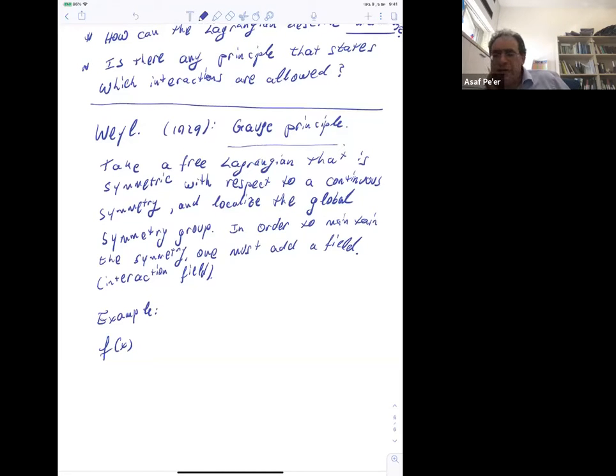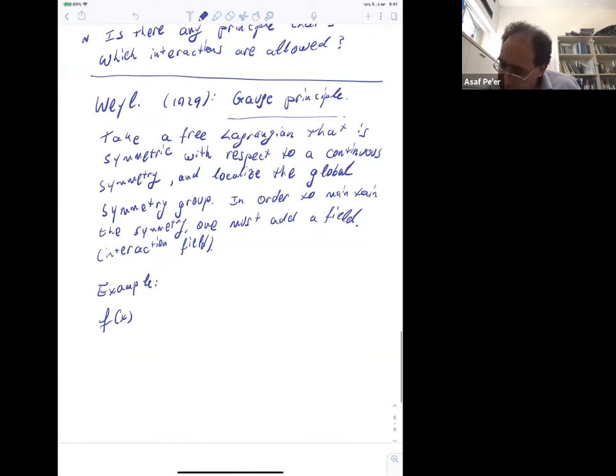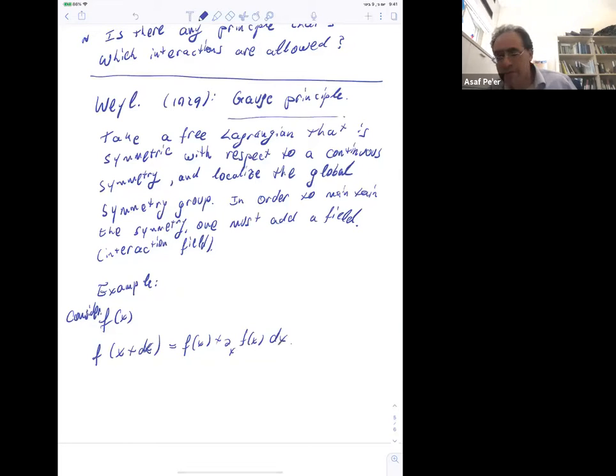Then the value of the function at x plus dx is f of x plus df/dx times dx, plus corrections. So in general, it's not going to be the same value, unless, of course, f happens to be constant.